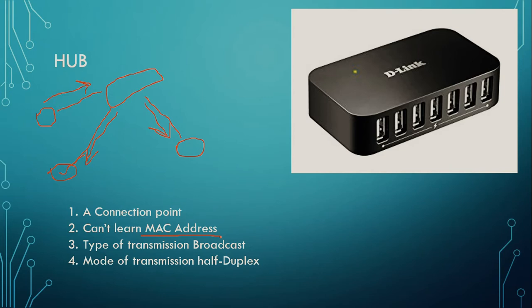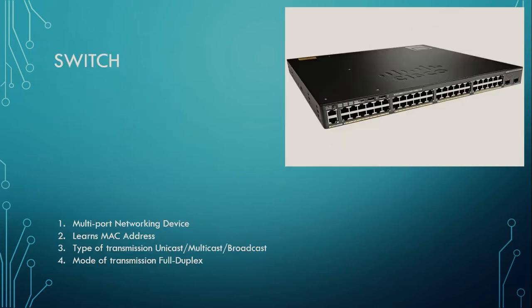That's why it replicates and sends the information to all the other interfaces, because it cannot learn the MAC address. The mode of transmission in a hub is broadcast. So a hub creates a broadcast domain, and the mode of transmission is half duplex.